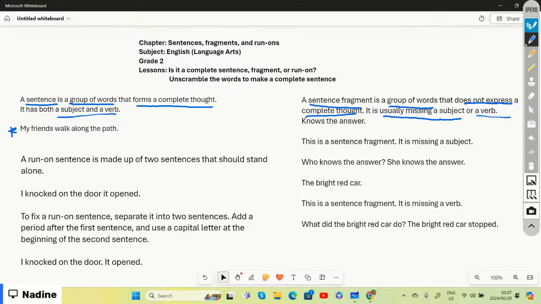So it's either missing a subject or missing a verb, and that is a sentence fragment.